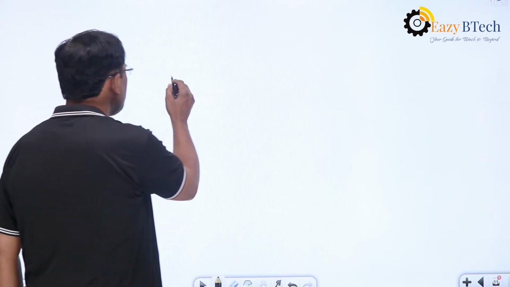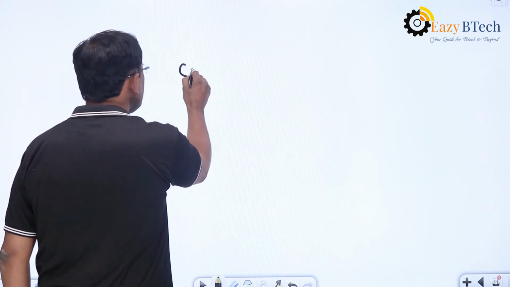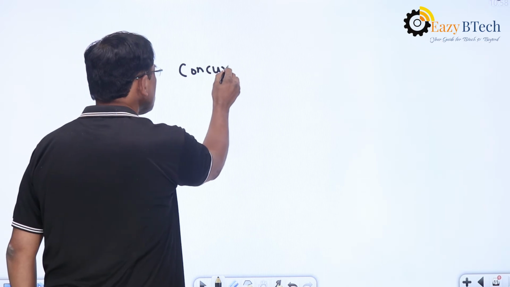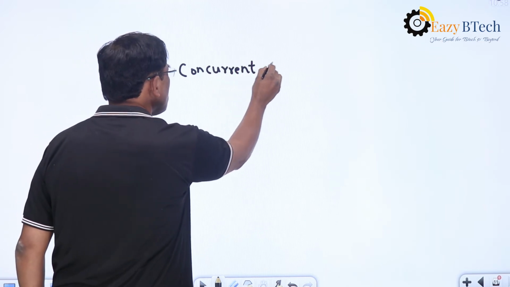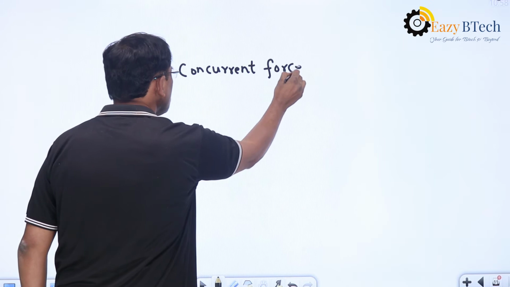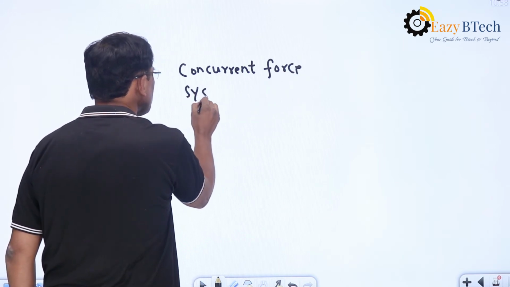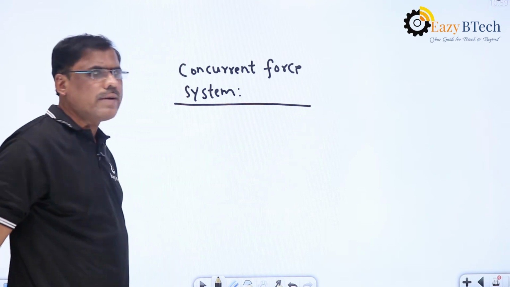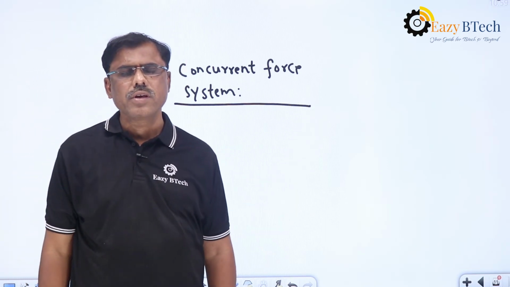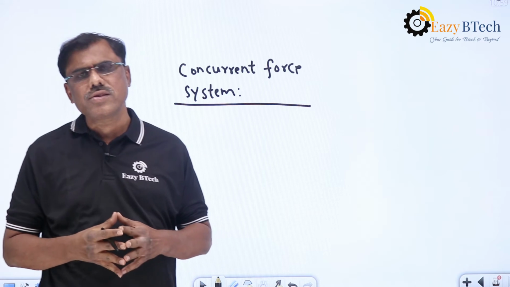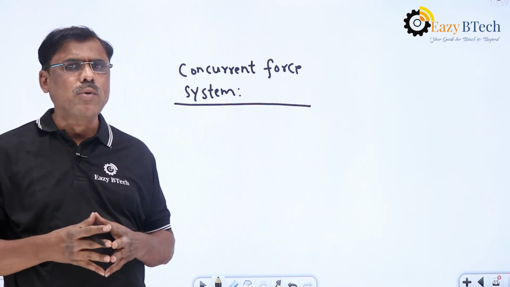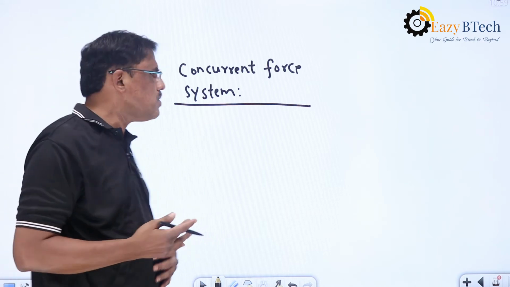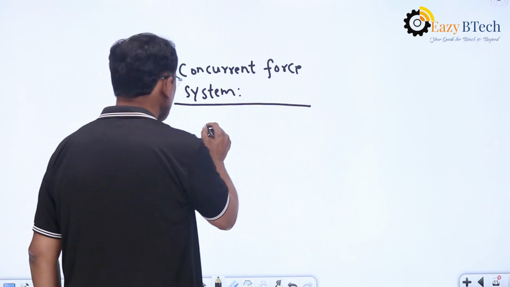And one more thing here is concurrent force system. What is meant by concurrent force system? If all the forces are meeting at one point, then that system is said to be concurrent force system.